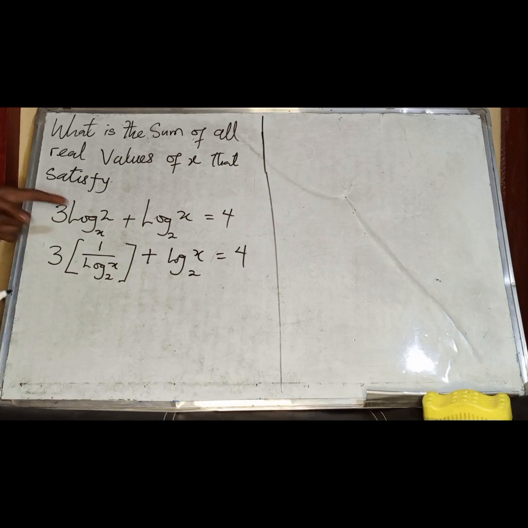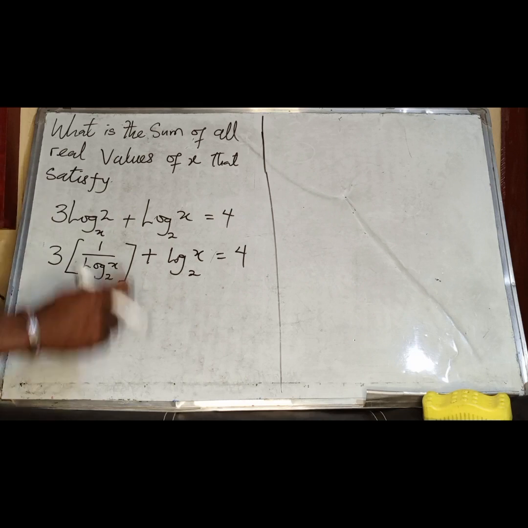So by having it as 1 over this, it is equivalent to log 2 to the base of x. This is under the laws of logarithm that has to do with change of base. To change the base, I can have 1 over whatever is given, and it is equivalent to the question given.